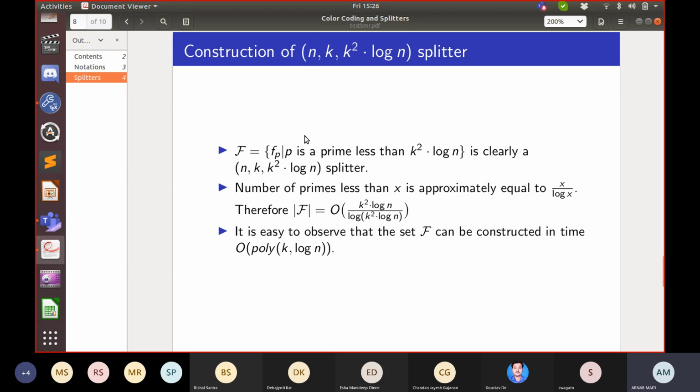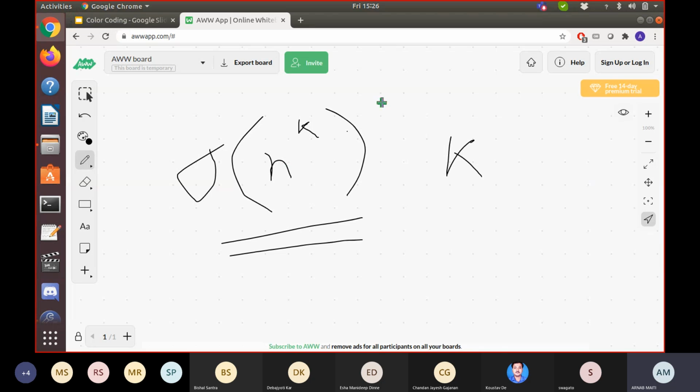Okay. And what is the number of primes which is less than x? It is approximately x by log x. So if you substitute x by this k square log n, then the size of the family is polynomial. Previously we were looking at exponential, not only in k, but like n to the power k.